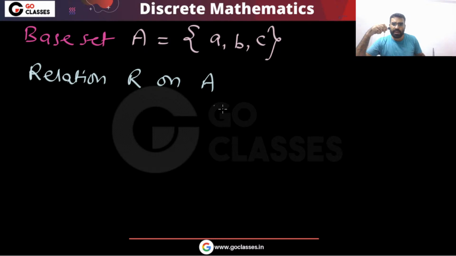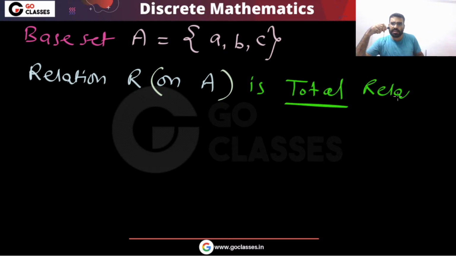So elements of A will be related to elements of A, and we are saying that this relation R is a total relation. When can I say this is a total relation?